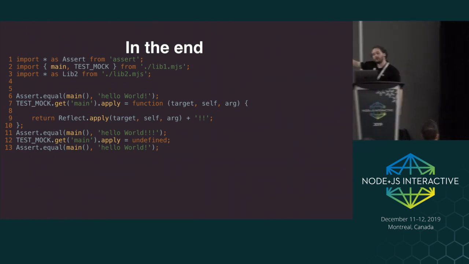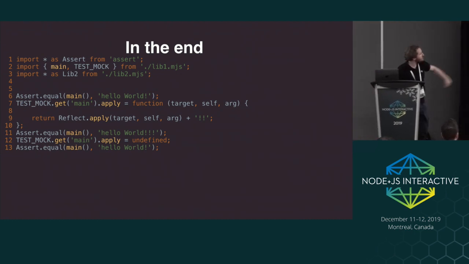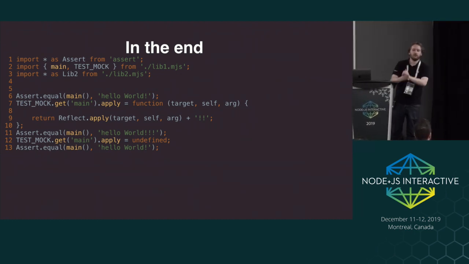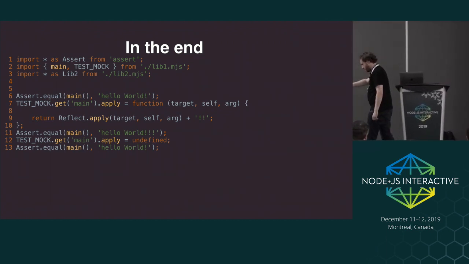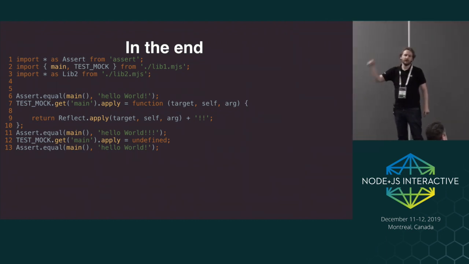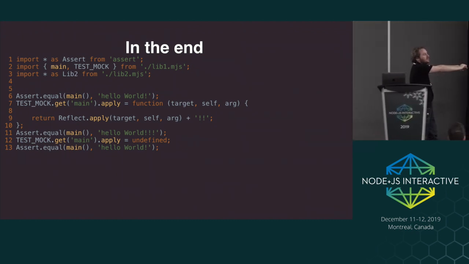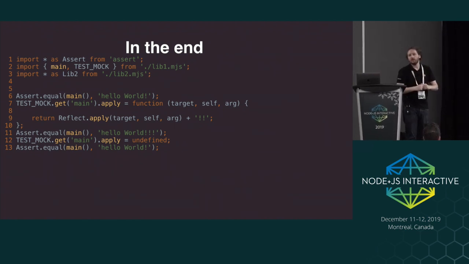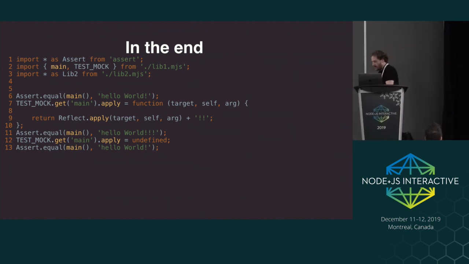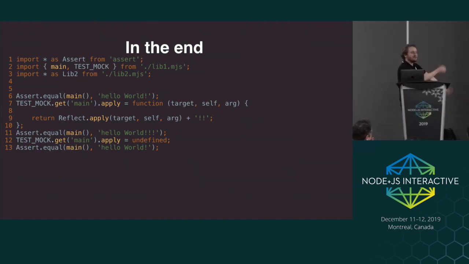On line 11, we call main again, and here instead of just hello world bang, we have hello world bang bang bang, which worked, meaning that we were able to replace the exports of a module in a loader, to expose to the end module a way to manipulate these modifications, meaning that in your test file you can basically rewrite every piece of code without making it easier to rewrite.